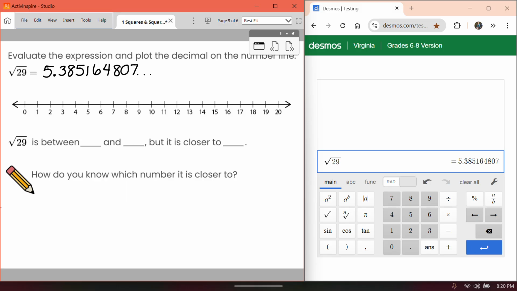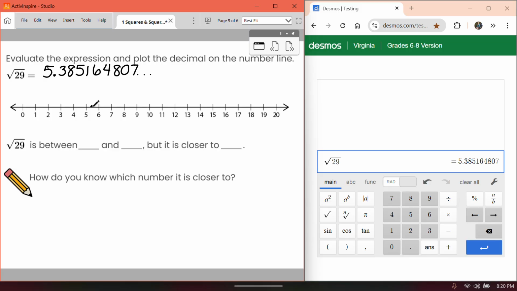Desmos just can't show us that. So when we're trying to decide what two consecutive numbers that decimal is between, the most helpful thing we can do is graph that on a number line. So I know that 5.38 is a little bit bigger than 5, but it's less than 6. So I'm going to say it's right there on my number line.